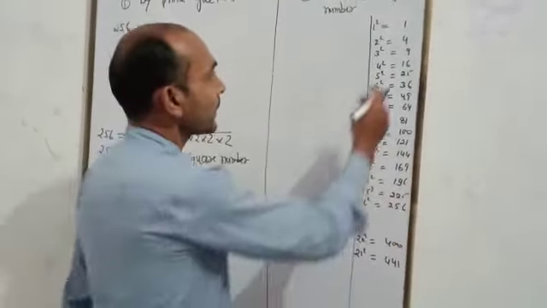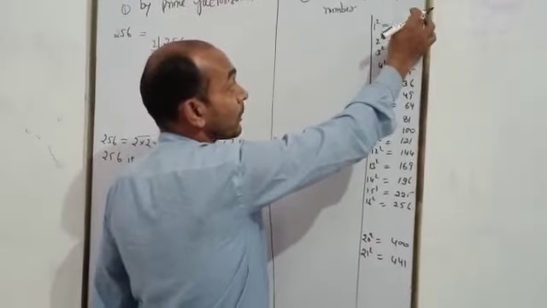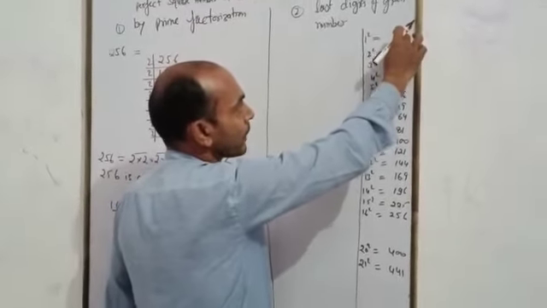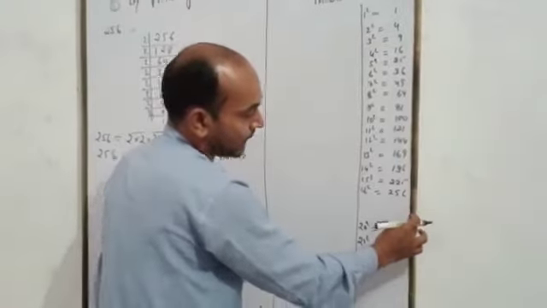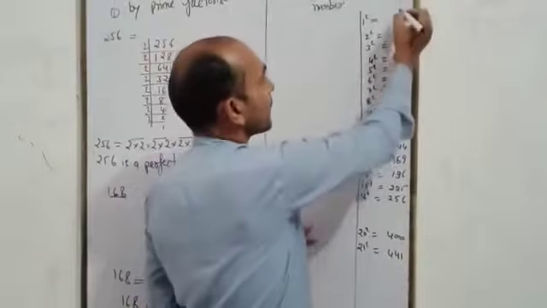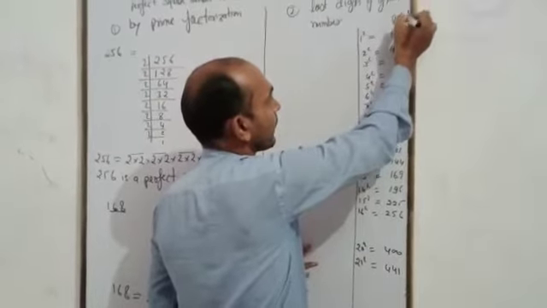Now see, in the perfect square numbers, the last digit 1 is there, but there is no 2 in the ones place of any perfect square number.